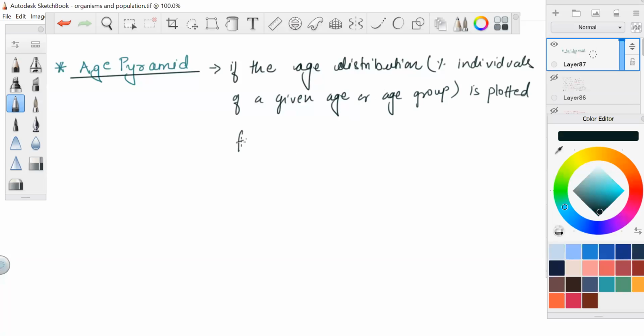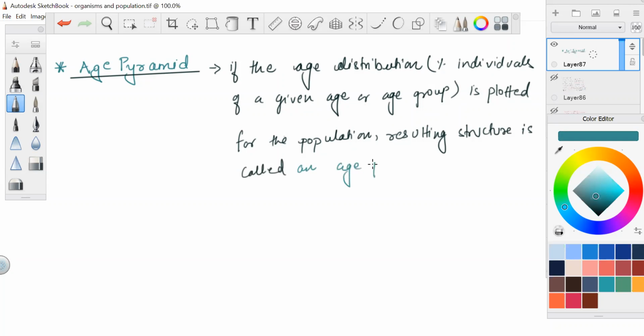If the age distribution is plotted for the population, the resulting structure is called an age pyramid.